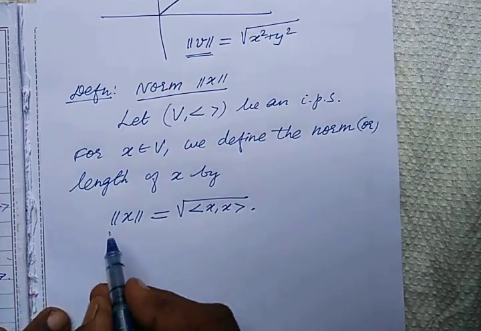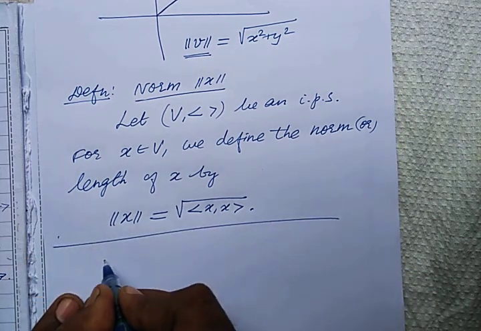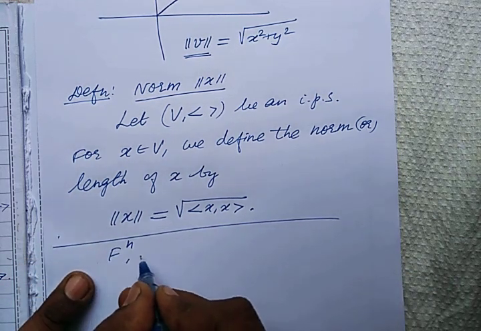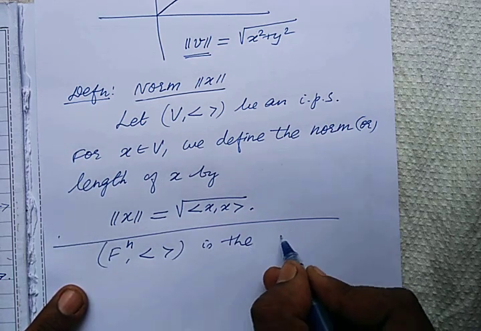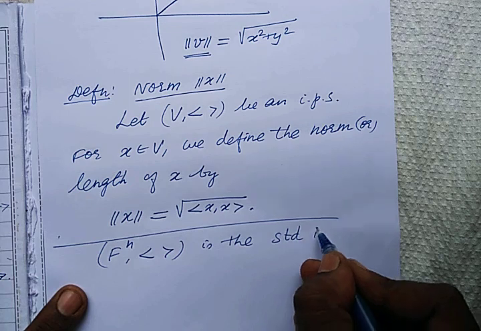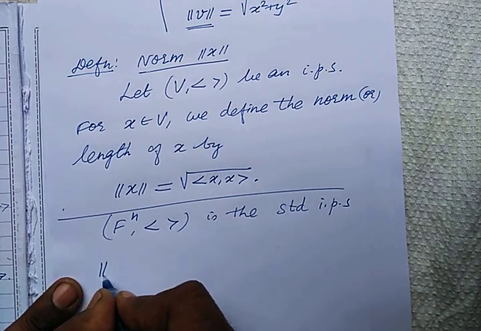Okay, we have seen a standard inner product, right? F^n is the standard inner product space. So here what is the norm?